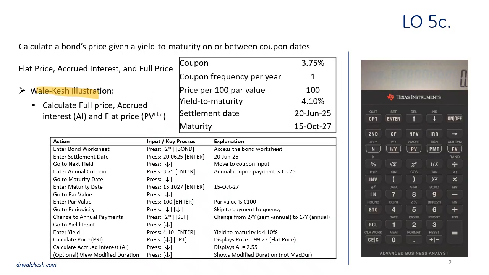Still on the same illustration, I have summarized the previous question here. On this slide, we want to compute full price, accrued interest, and flat price using our financial calculator. So let's get started. We would press second function bond.